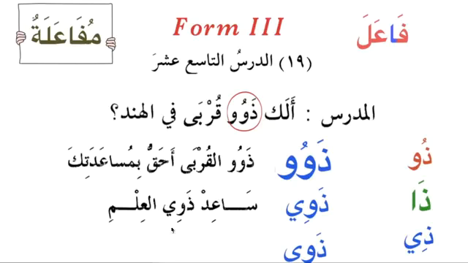So we have zawi, and the sign of its nasb is the ya because it is jama mudhakkar salim. Again the noon is dropped because it is mudaf ilayhi. Help the possessors of knowledge, that is the knowledgeable men, or we can say the learned people. Help the learned people.